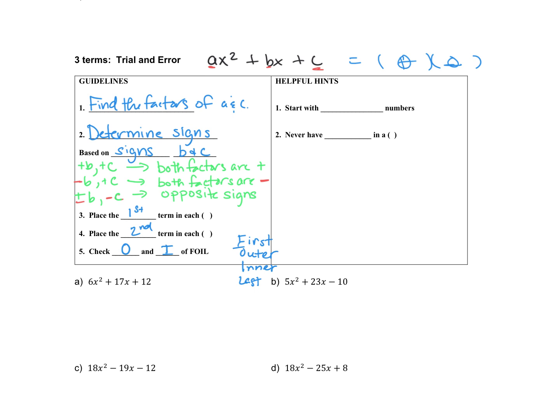Okay, so some helpful hints. When you start, this number 1 is dealing with guideline number 1. So when you start with looking at those factors of A and C, start with the closer numbers, those numbers that are closer to each other on the number line. And this next part deals with another thing: you can never have a common factor in a parentheses.